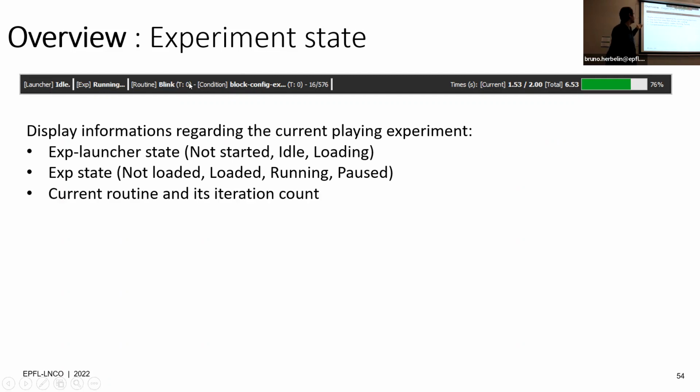The current routine and the number of iterations: we are in the big routine, in the block config condition. It's the first time we enter it, and we are at routine 16 up to 576. That is useful for the researcher to say, okay, I still have one hour. You can see the current progress bar for the current routine and the total time elapsed.